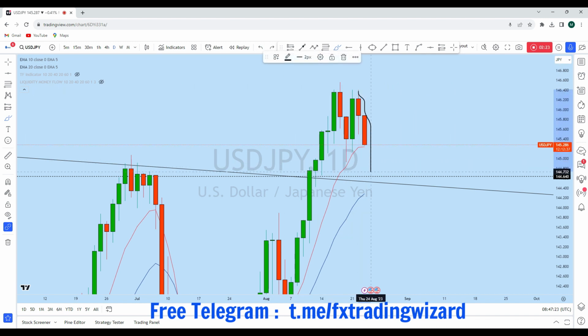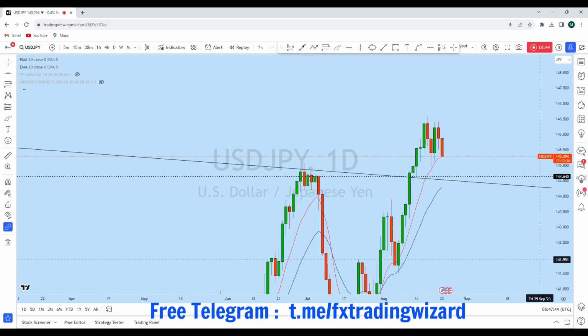Instead, we saw dollar yen reject from that zone. With that rejection, this is the support level that we are expecting dollar yen to break. I think the price will highly likely break down further to at least the daily 20 MA, or even further to the downside to create a new lower low on dollar yen.